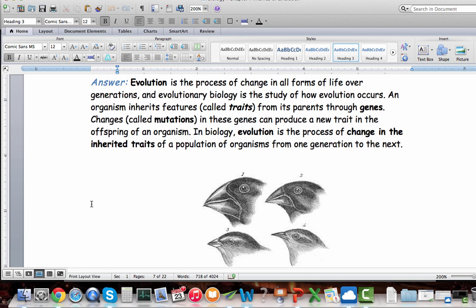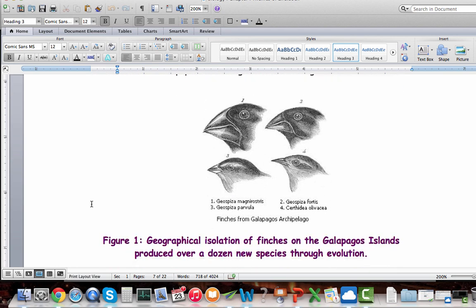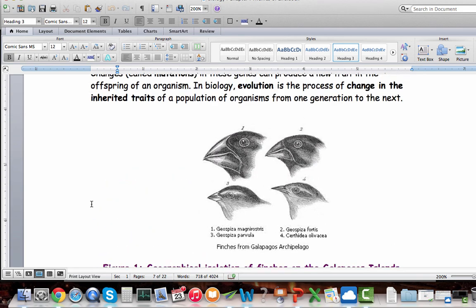Changes, called mutations, in these genes can produce a new trait in the offspring of an organism. In biology, evolution is the process of change in the inherited traits of a population of organisms from one generation to the next.